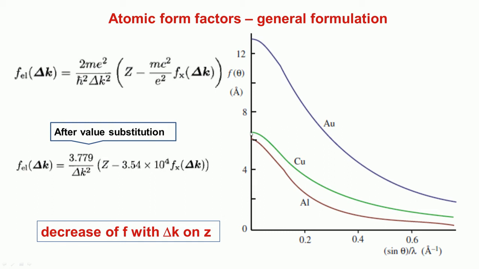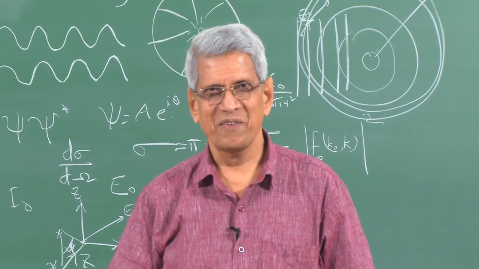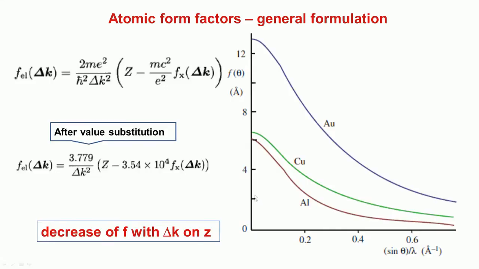For example, if you take copper, as the angle of scattering increases, the contribution is going to decrease. So depending upon the type of reflection which we are using, we have to use these values in the case of electrons, and essentially f decreases with increase of delta K. We can see it for aluminum, the way it is changing. For gold, it is not the same, the drop is going to be different. These are all the things we can qualitatively make out looking at this plot.